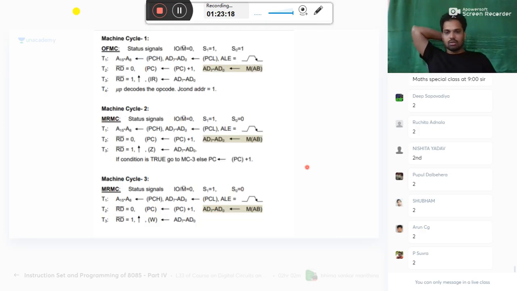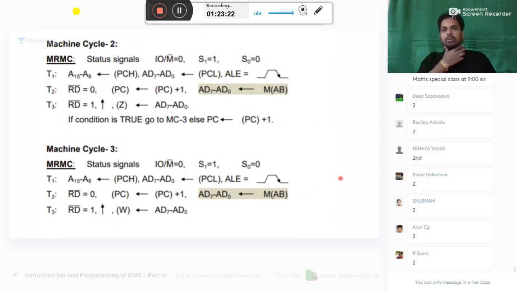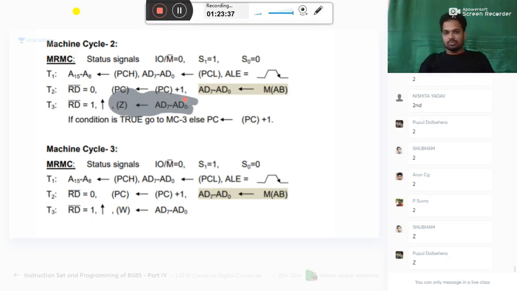See here, in machine cycle 2 it will do a normal memory read, but where is it reading? It is reading into temporary register Z. So no problem. So here if the condition is true, then go to machine cycle 3.